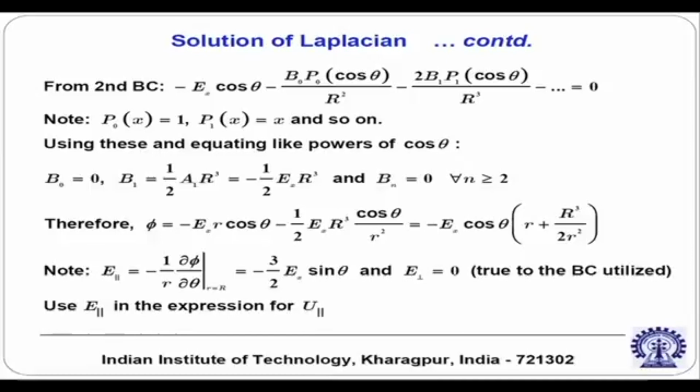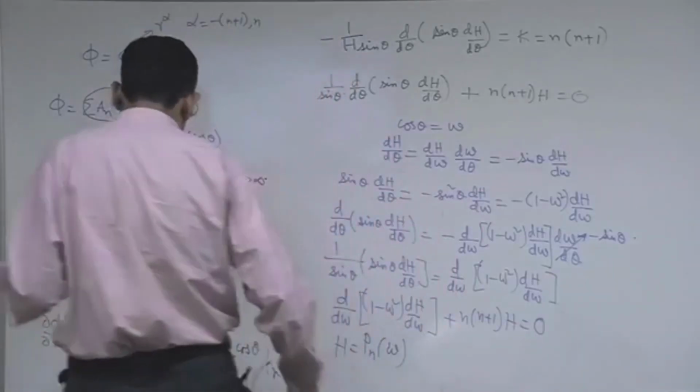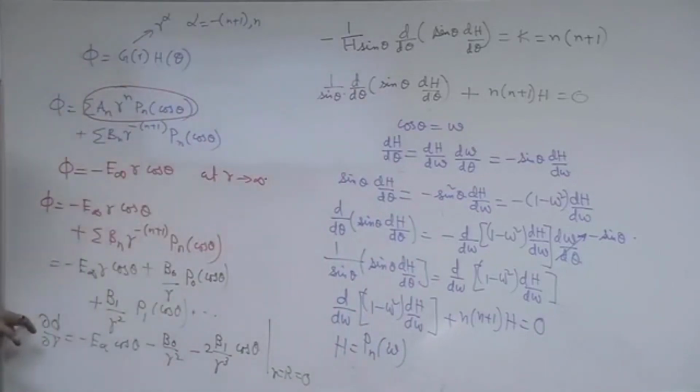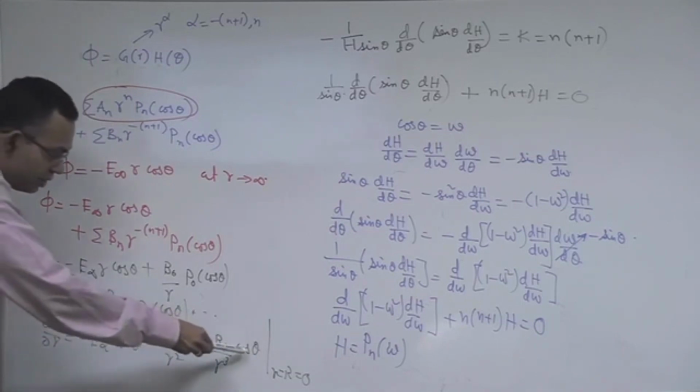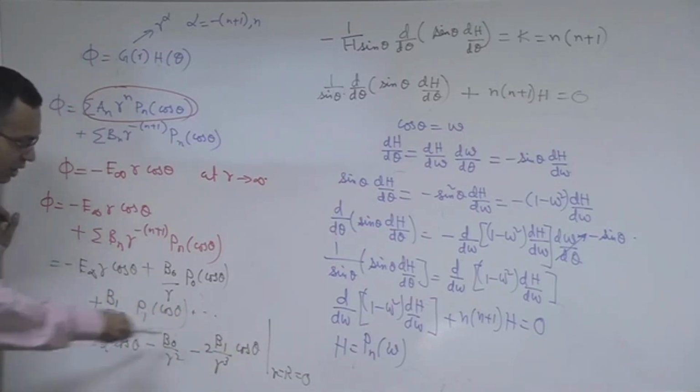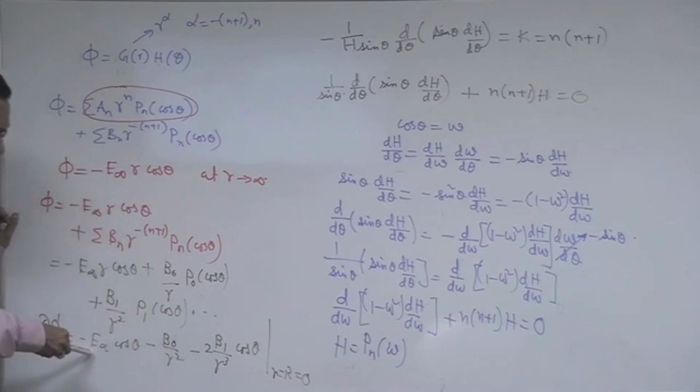So if you look into this expression, let us come to the board for one final moment. So you can look into this equation, del phi del r at small r is equal to capital R, this must be equal to 0. So B0 is equal to 0, and if you equate the like powers of cos theta, then you will get B1 in terms of E infinity.